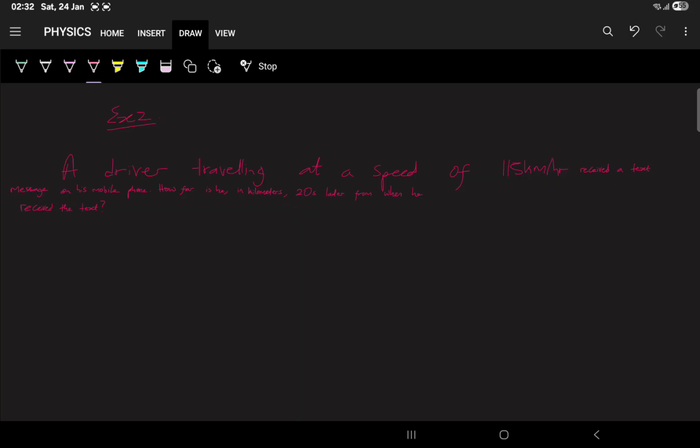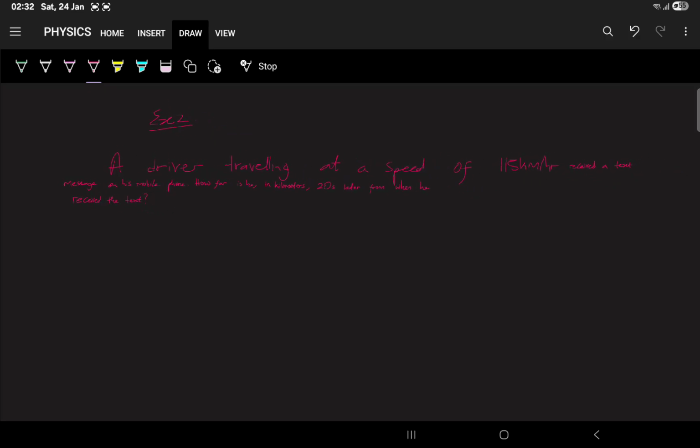Now, example 2. For example 2, we have a driver traveling at a speed of 115 kilometers per hour, and he received a text message on his mobile phone. How far is he in kilometers 20 seconds later from when he received the text? Now feel free to pause and attempt the problem.